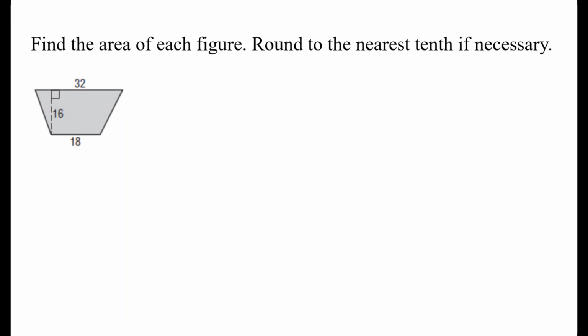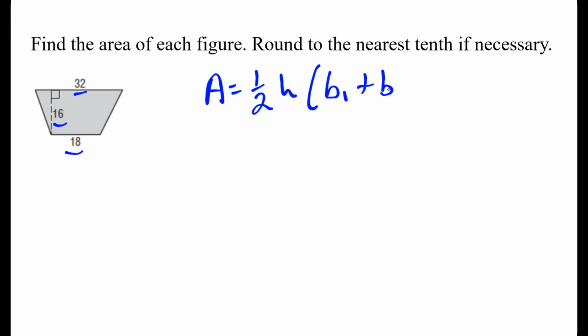So we're going to start pretty simple here. We've got to find the area of this figure. They're giving us the two bases and the height, so we're just going to use our traditional formula here: 1/2 the height times base 1 plus base 2. So our height here is 16.